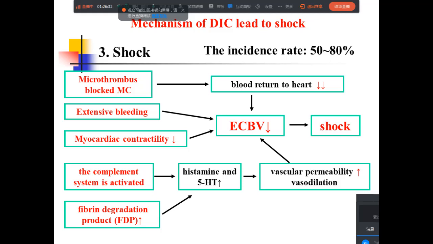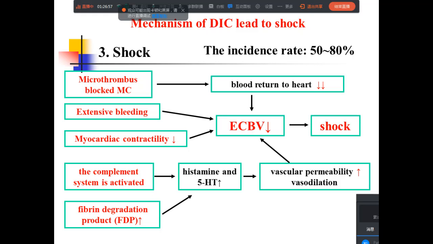During the refractory stage, plasma moves out and viscosity increases. Tumor and infection can damage VEC and release tissue factor, stimulating the extrinsic coagulation pathway.